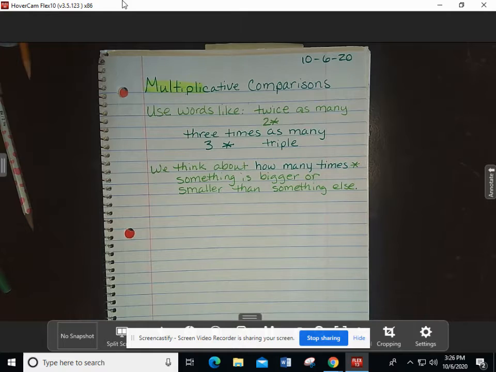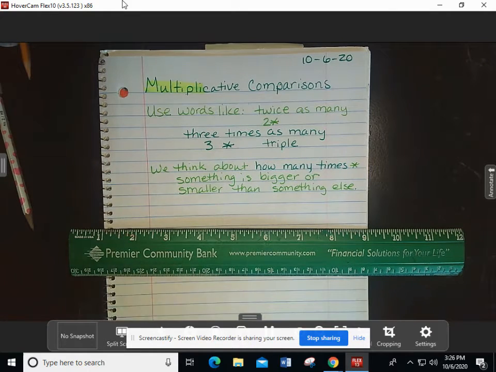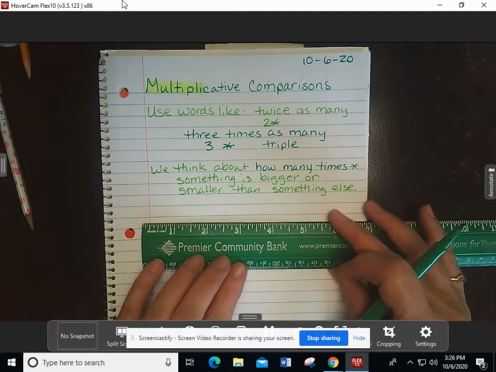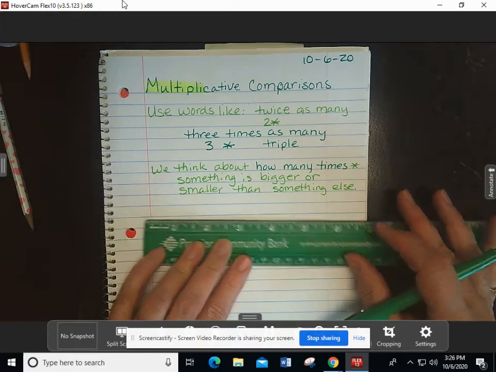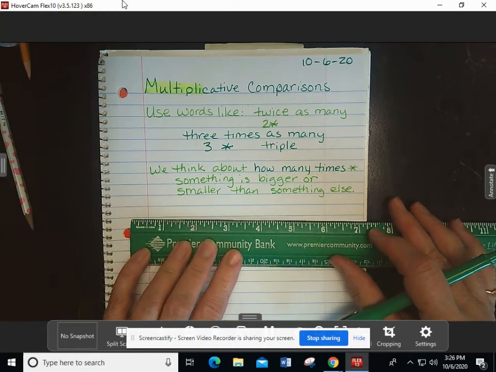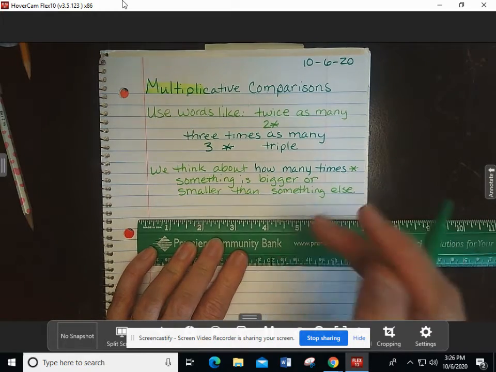Okay, now that you've had a chance to copy this down, you need a ruler. If you don't have a ruler, pause the video again so you can get a ruler. Okay, the first thing I want you to do is draw a line that is 2 inches long. I'm going to start it just a little bit into my margin.